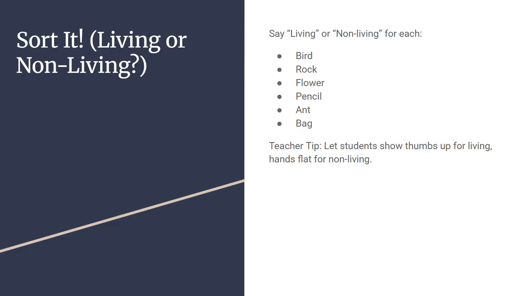Rock, non-living thing. Flower, living or non-living? Flower is a non-living thing, but plant is a living thing. Pencil, non-living thing. Ant, living thing. Bag, non-living thing.